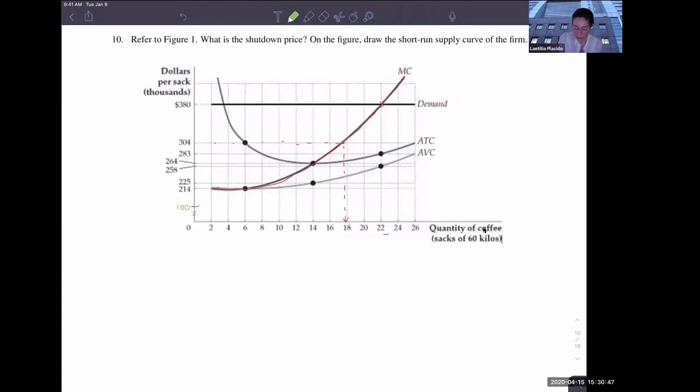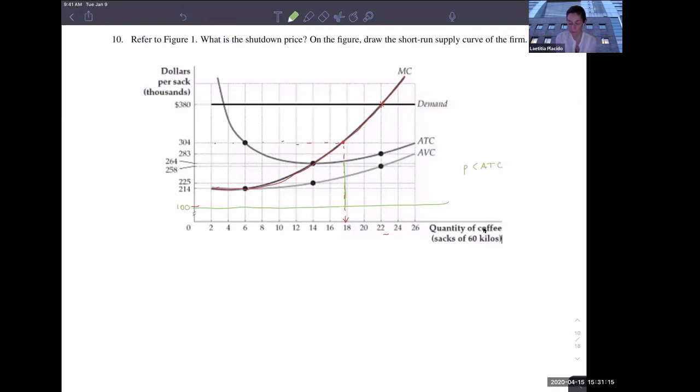The question is, is it worth it for the firm to produce anything given that the market price is 100? Well, you can see that for that price, the average total cost is higher than the price. So if the market price is 100, then the firm is going to make losses, because price is lower than the cost per unit.